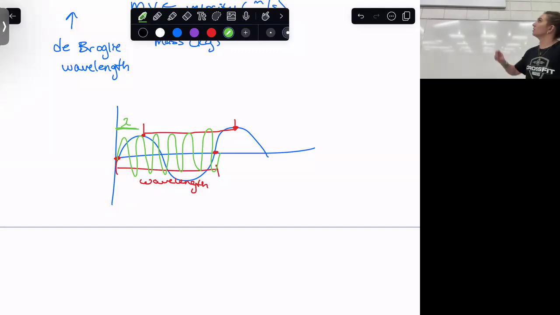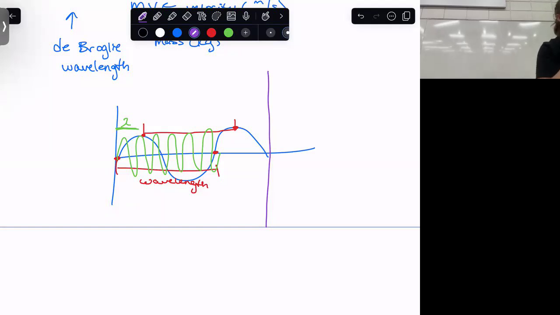Because within one wavelength, if we say this was our gate that we're getting to, by the time it reaches the blue line to the purple line, that blue wave goes through 1.5 wavelengths. The green one's going through a lot more. So within that time frame, there's a higher frequency of the green wave than there is of the blue wave. And they're related to each other by the speed of light.